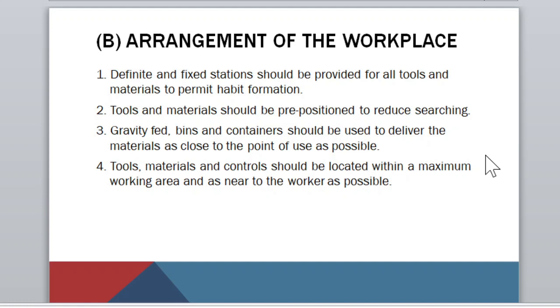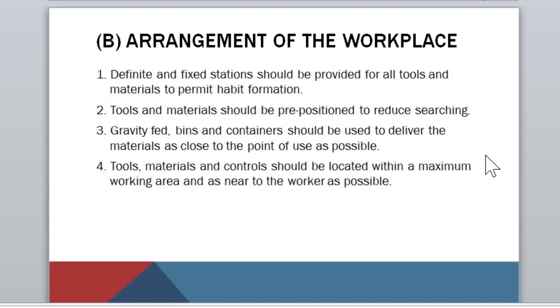Okay, okay. Yes, ma'am. So next principle is the arrangement of the workplace. I think this was somewhat covered in the use of the human body, but however, let's have first the principle: definite and fixed stations should be provided for all tools and materials to permit habit formation. For example, you put spaces or areas where you place your tools.